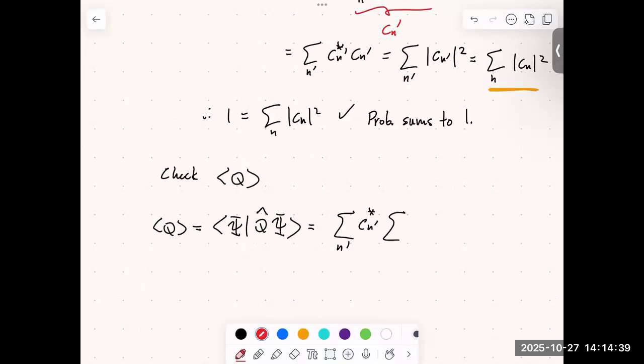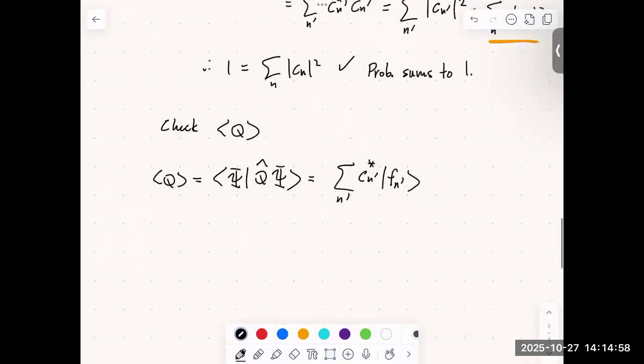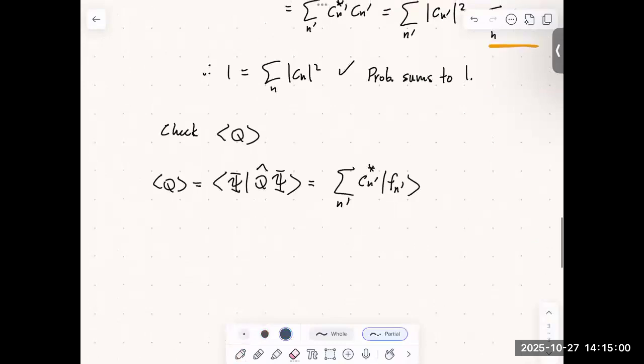So then we'd have the sum over n. Here, let me do this slowly. Fn prime of x. How did we do it? Fn prime. Sorry, I keep making mistakes. So Fn prime.